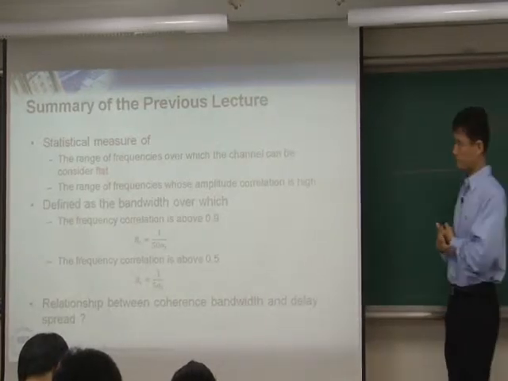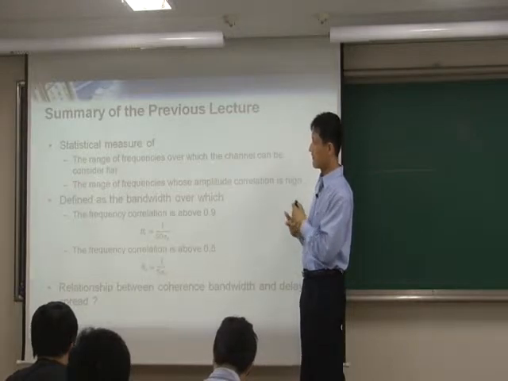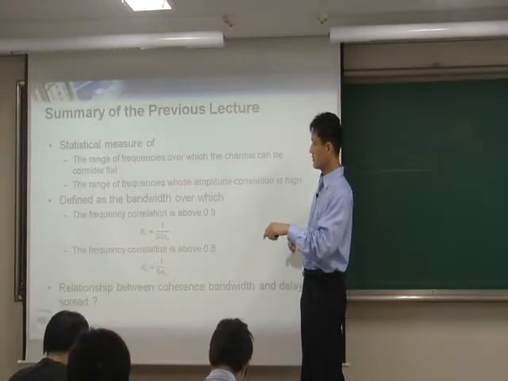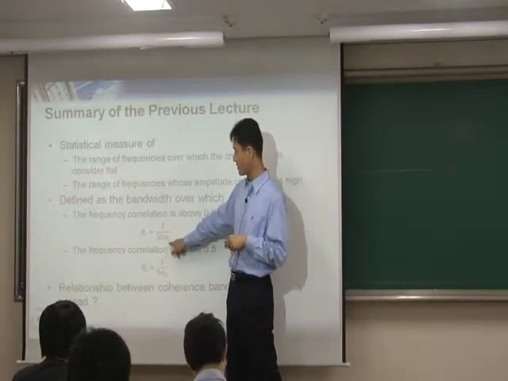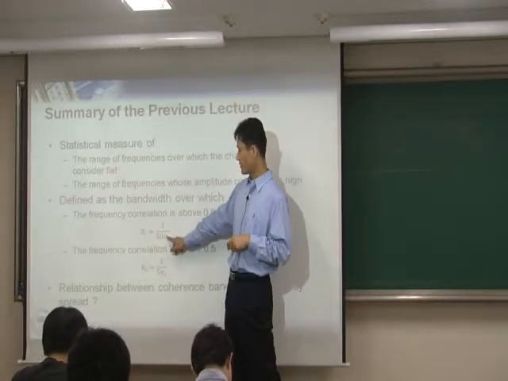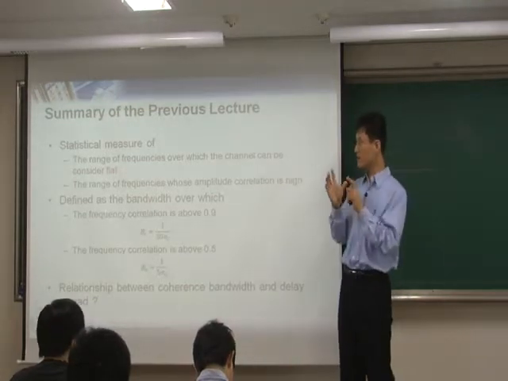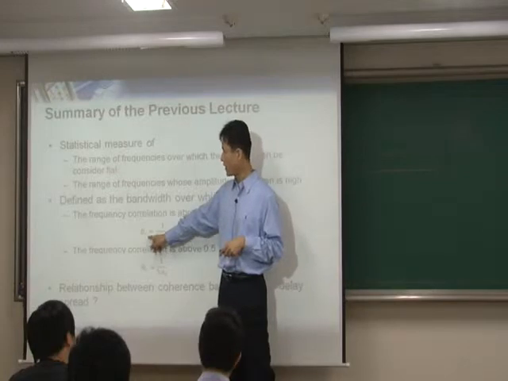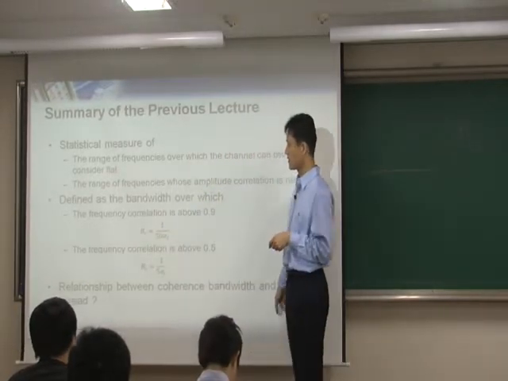Now we're going to talk about flat fading and frequency selective fading. Here, the sigma tau is the delay spread. In our case, we're going to use the RMS delay spread. But think about it. If you have a large RMS delay spread, that basically means that you have a small coherence bandwidth.